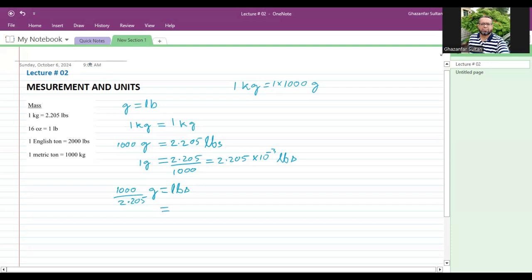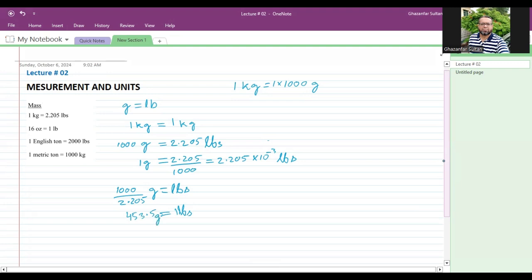And this answer would be less than 500. Let's see the calculation. Use your calculator. So we found that after calculation, 1 pound is equal to 453.5 gram.